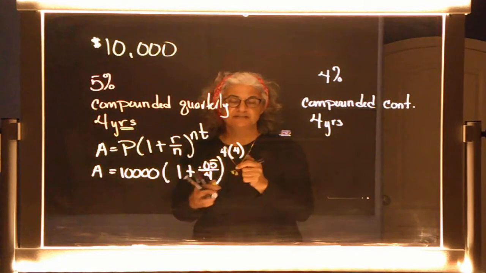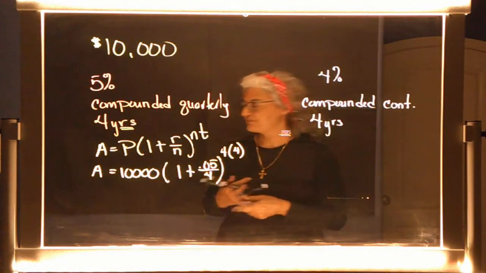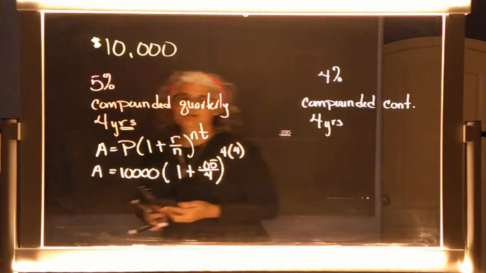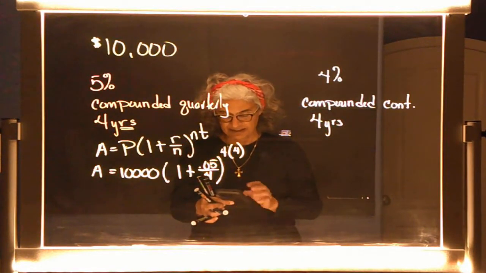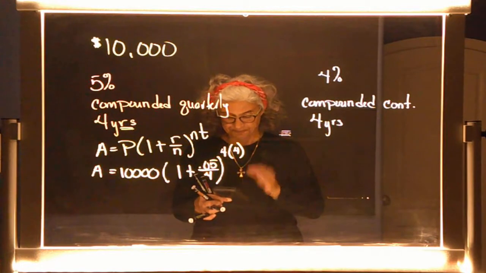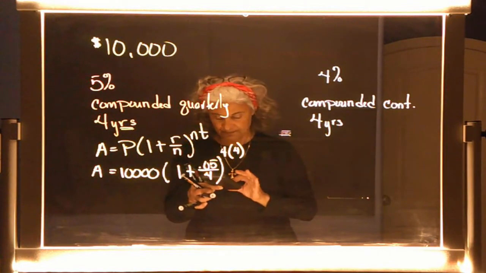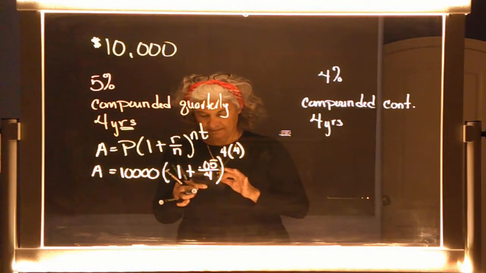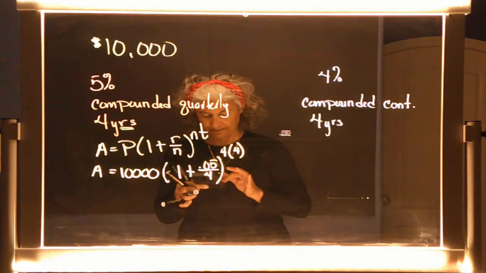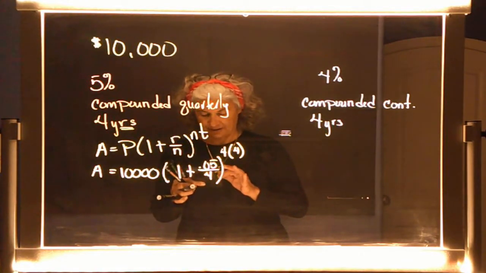Okay, and then we get to plug it into the calculator, don't we? I'm going to plug it into my calculator, and we're going to see what we get here. How are we doing?